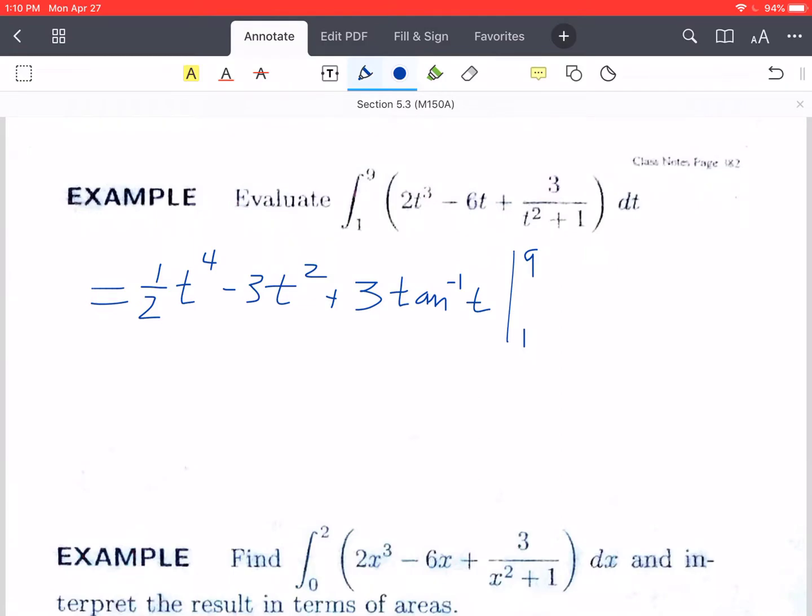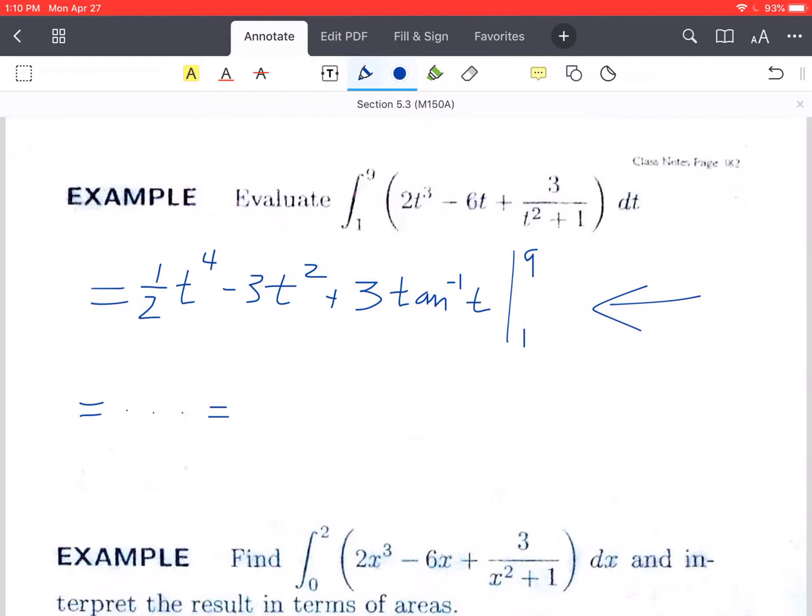I'm not so worried about all of the brute force on this one, because this number is kind of high, especially with the 9 in it, and then the inverse tangents and whatnot. But I'll just give you what the answer would be if you were to go through this. I'm more concerned with your ability to get to this step, being able to take the antiderivatives appropriately, and of course, given smaller numbers, I would expect that you could do this on your own.